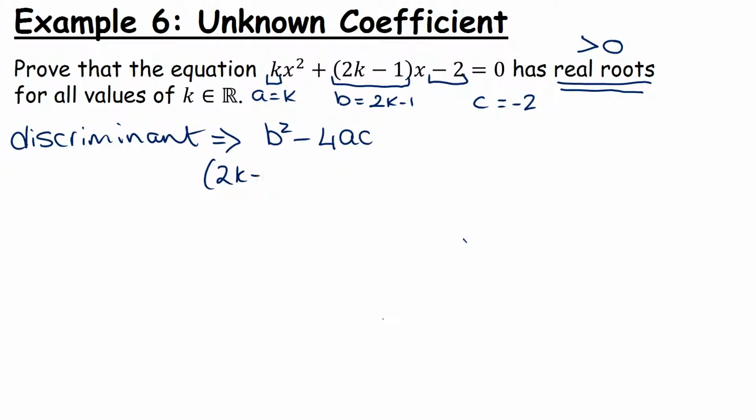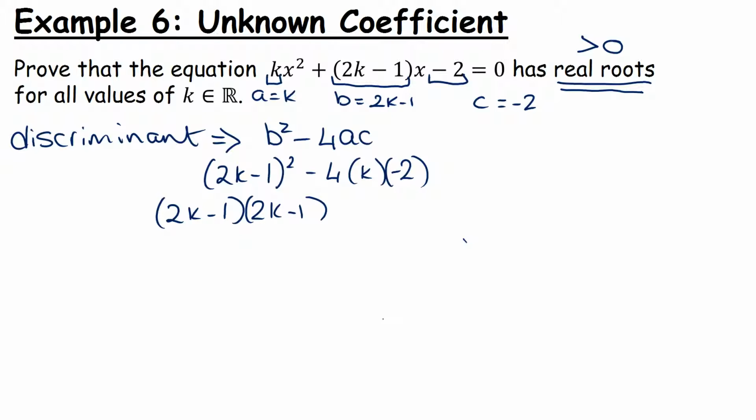So (2k minus 1) squared minus 4 by k by minus 2. So to square this, we're going to have (2k minus 1) by (2k minus 1). And minus 4 by minus 2 is plus 8, and that's by k. So (2k minus 1)(2k minus 1) plus 8k.